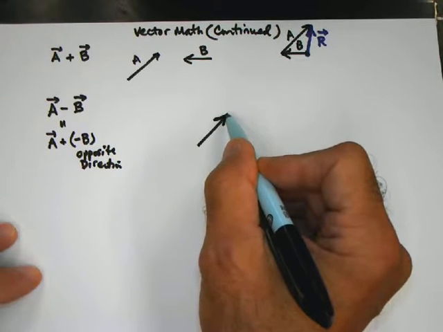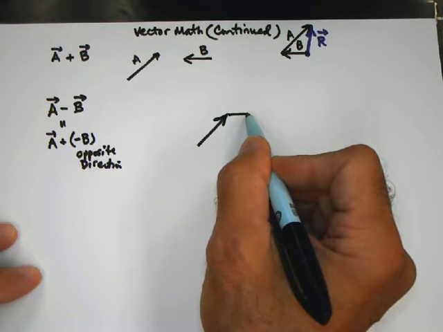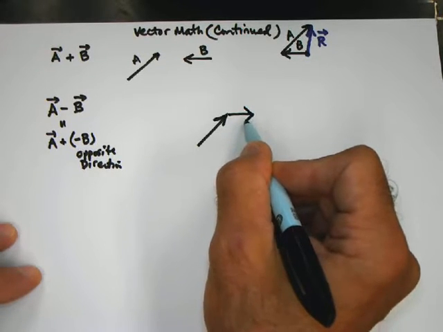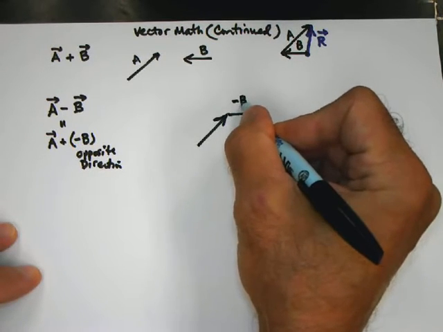Okay? So vector A minus B would be like this. Okay, this is a negative B. See, it's pointing in the opposite direction. That's the negative vector B there.